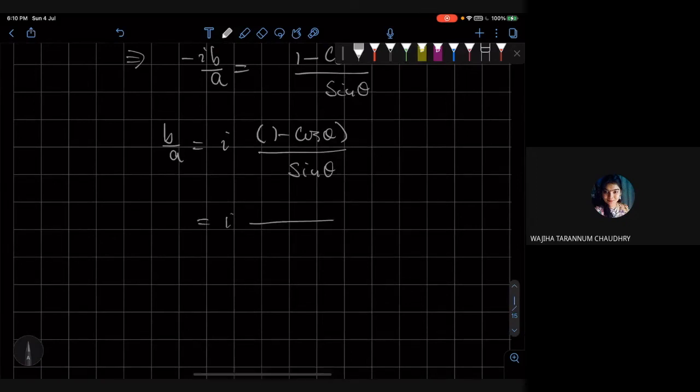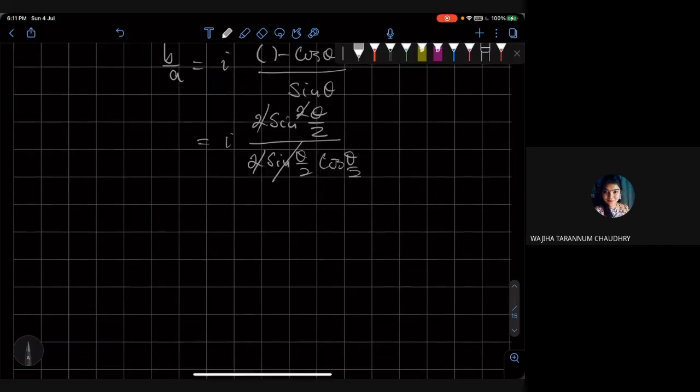But sine theta is 2 sine theta/2 cos theta/2, and 1 minus cos theta is 2 sine squared of theta/2. So one of these cancels, the 2 cancels out, and I get B over A is i sine theta/2 over cosine theta/2.